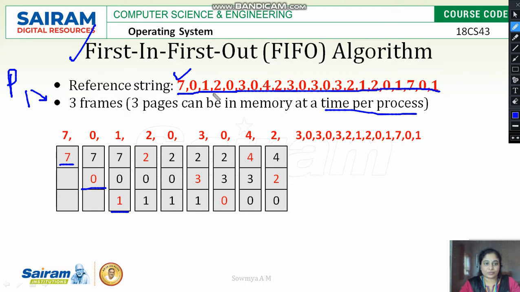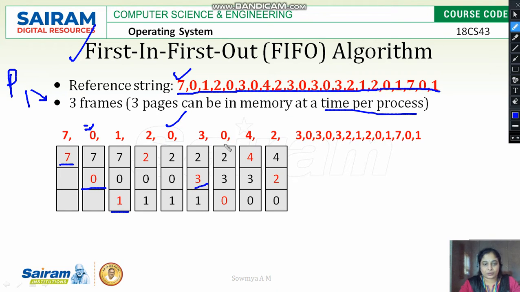The next page is 2. The frame which came first is 7, so it is replaced with 2. Then 0 already exists in the frames of the main memory, so there is no page replacement. The next page is 3, which is not in the allocated frames. Coming from the first in, 7 is replaced, next the oldest is 0, so 0 is replaced by 3.